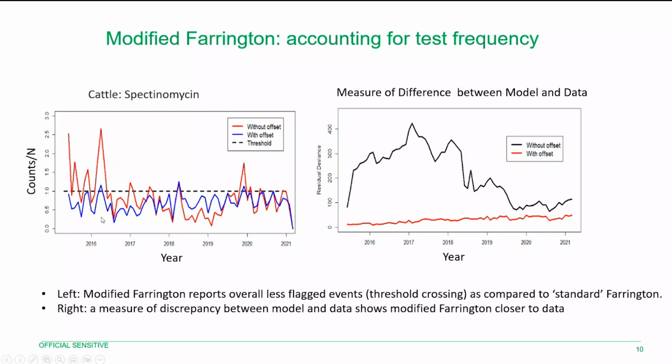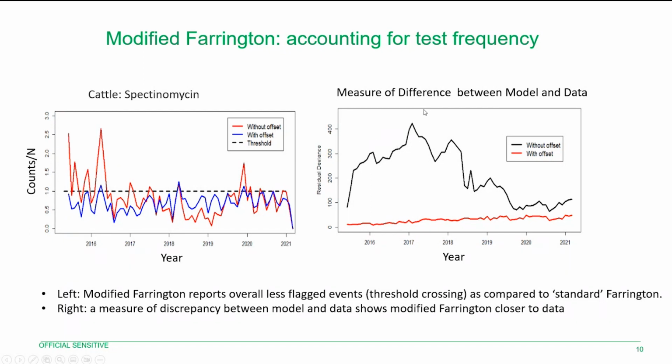As you can see already visually, the blue line tends to produce less flagged events, less crossing of the threshold of the dashed line, as compared to the red line.